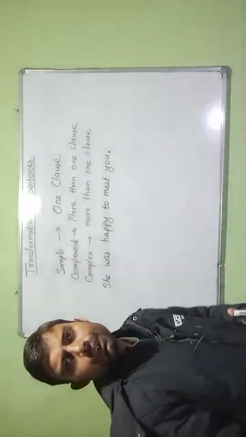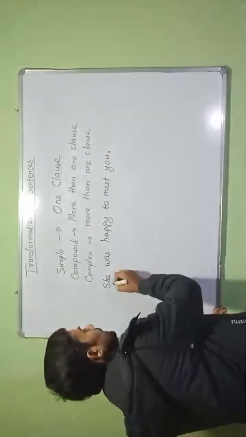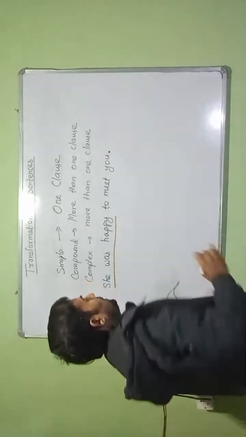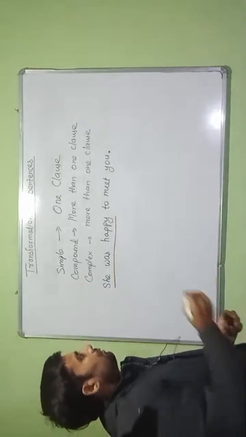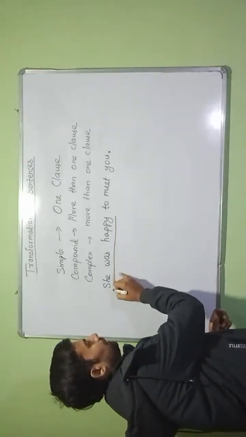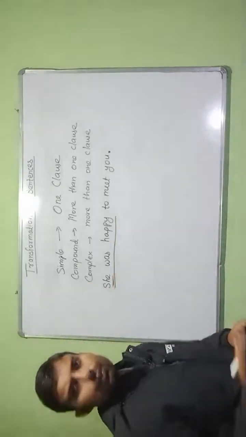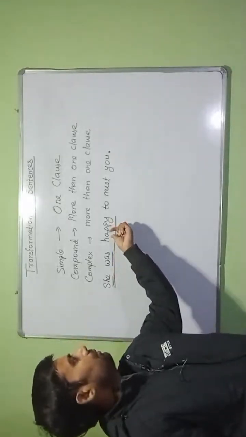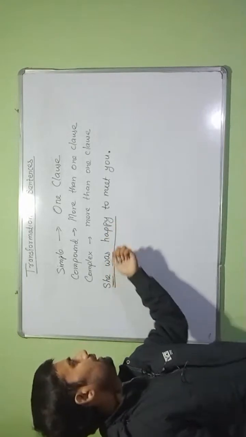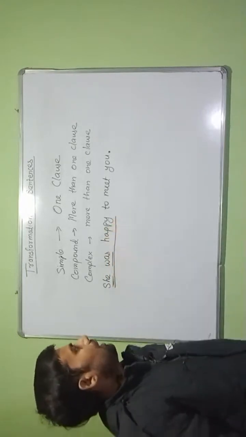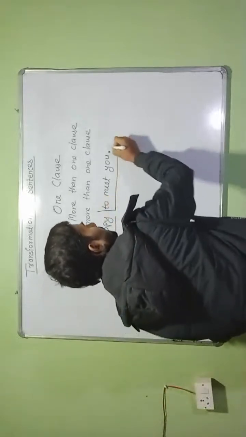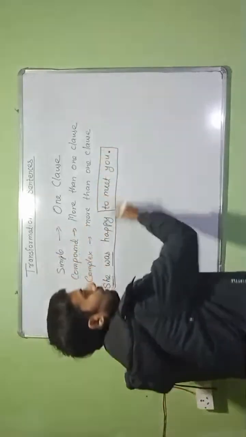If you observe carefully, you will see that it has only one clause, which is from here to here. Why? Because this is the subject, she, and the finite verb is was, and this is the object, right? She was happy.